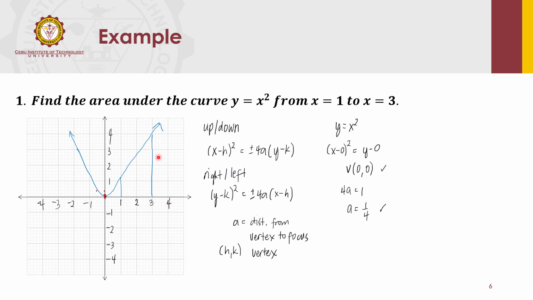Again, the upper curve, we label this as y sub u, y equals x squared, and then for the lower curve, we have the x-axis whose equation is y equals 0.